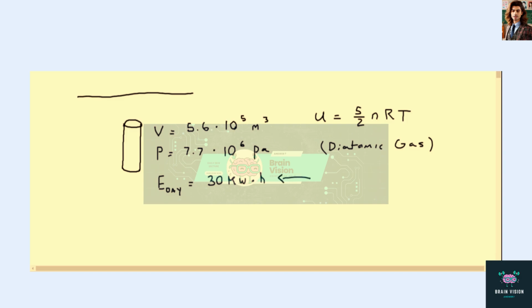Now we're also told that for a diatomic gas, the internal energy is not 3/2 nRT, it is actually 5/2 nRT.